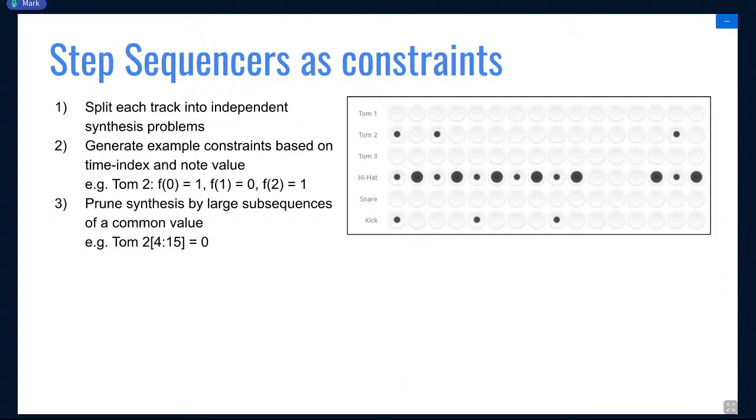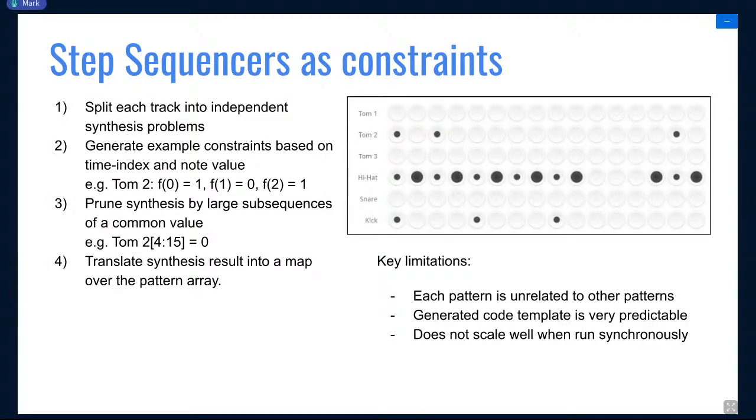We'll deal with those separately later on, and focus on synthesis of the complicated parts. So from this, we put this into our SMT solver, we get a result back, and we translate that synthesis result into a map, as we saw over that pattern array.